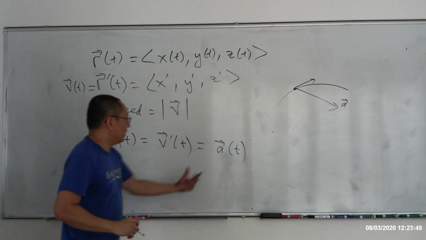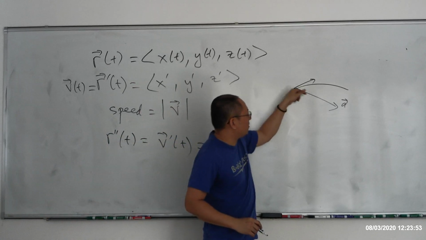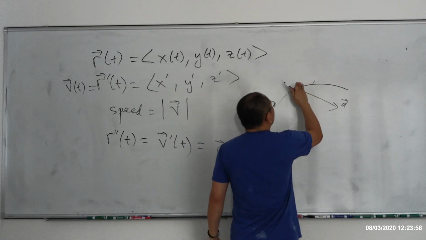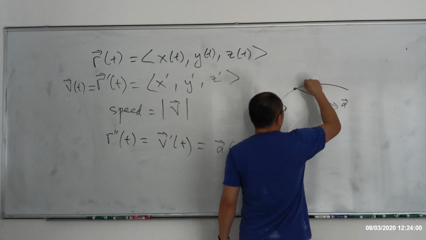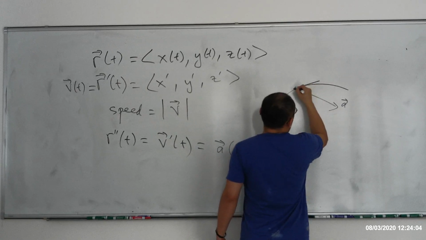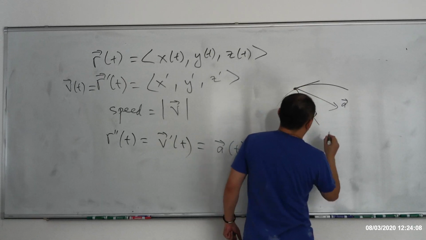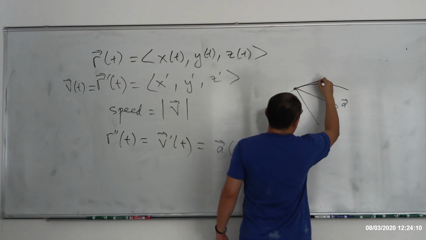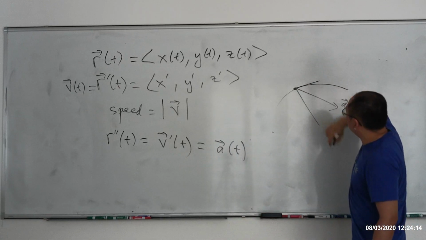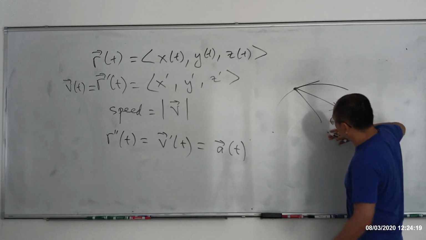Okay, now a little bit more about acceleration. The acceleration vector may point anywhere in the plane, and we're going to break the acceleration out into two components. They're called the tangential component, tangent to the curve, and the normal component, which is perpendicular. I tried to draw it.